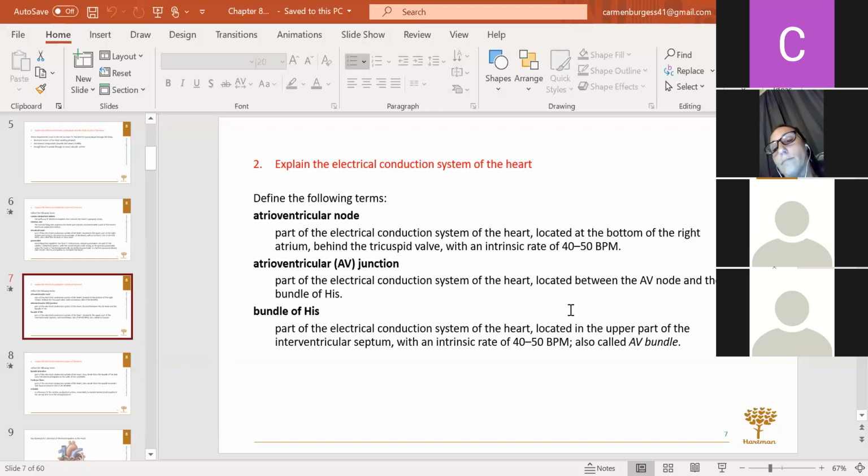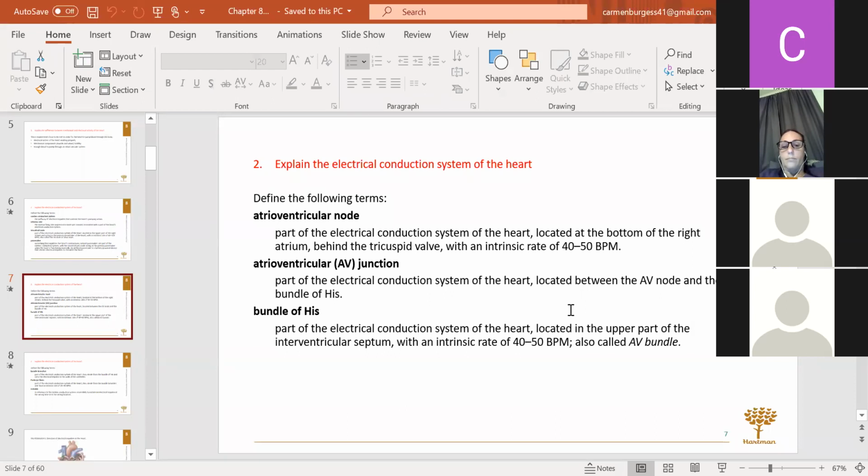So it sits right where they meet. It captures that electrical activity and sends it on down, because the heartbeat has to continue. It's located at the bottom of the right atrium, right behind that little valve that's going to let the blood through.